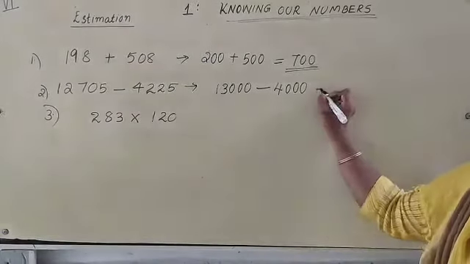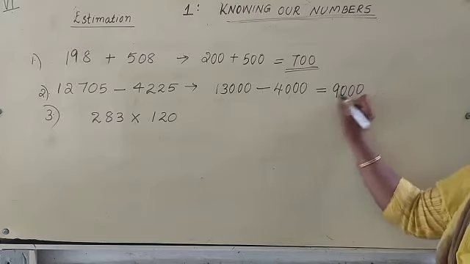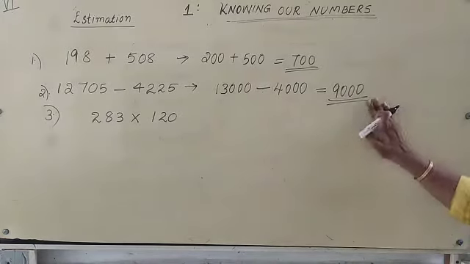Then 13,000 minus 4,000, what do we get? The answer is 9,000. This is the estimated difference.